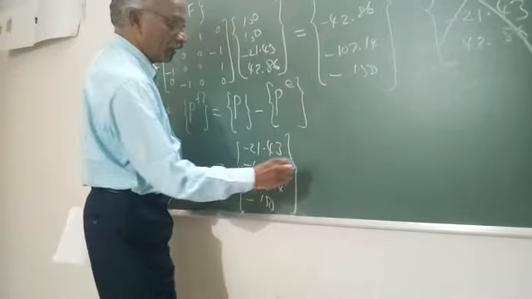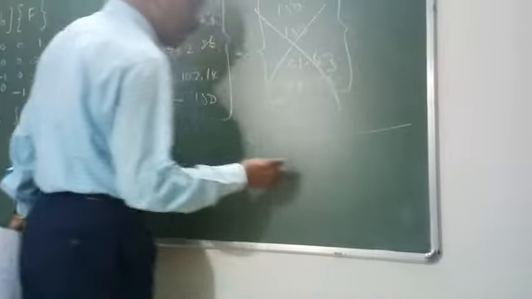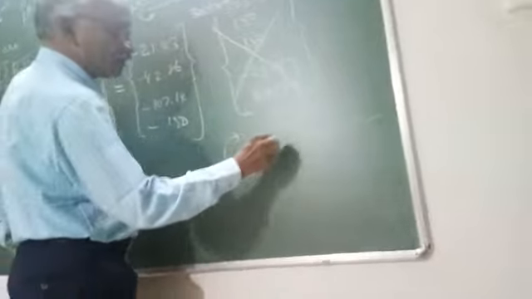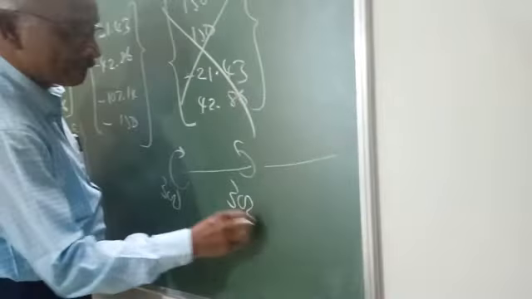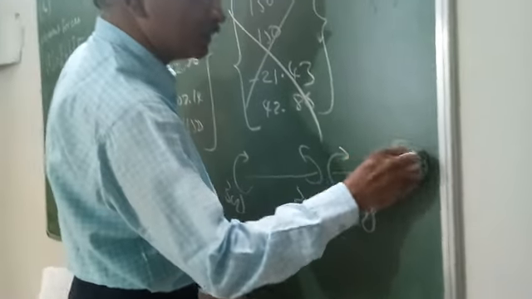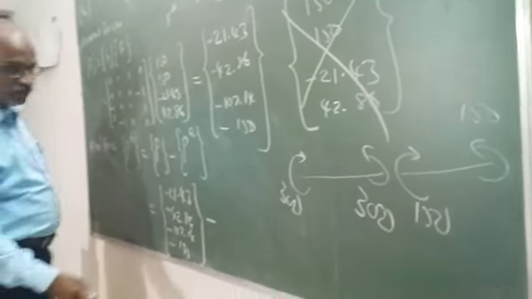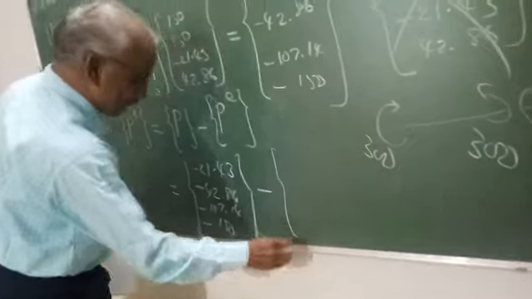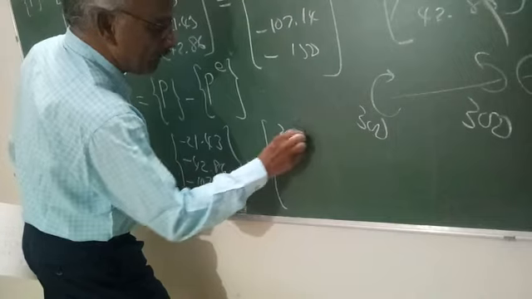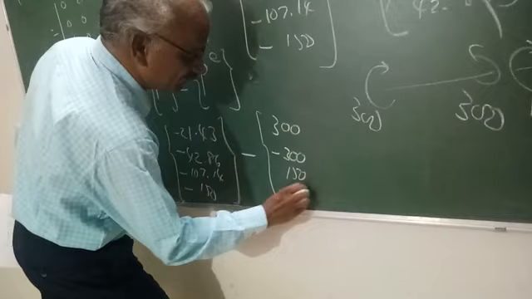This is P minus P equivalent. The fixed end moment was anti-clockwise, so PE is equal to clockwise 300, already we have done it, 300, and this is 150. These are the equivalent joint forces. Already we have marked in the figure. Therefore, that will be 300 plus 300 minus 300, 150 minus 150.